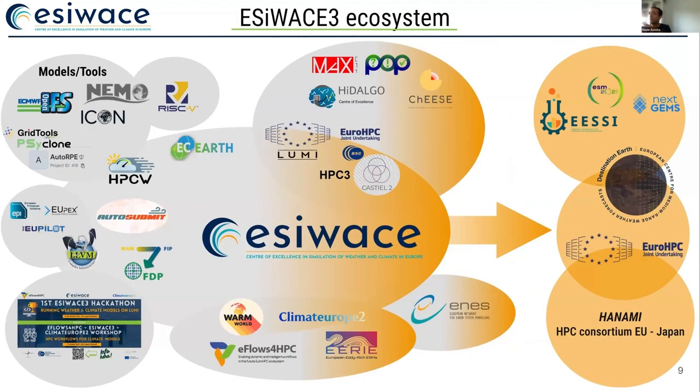This is an overview of all the activities in which we are involved. On the left, you have our models and tools, and the collaboration with, for example, some vendors and HPC centers, like BSC in my case, but also other HPC centers around Europe. Then moving to the right, we have the collaboration with other CoEs.